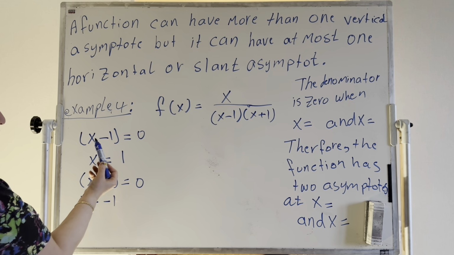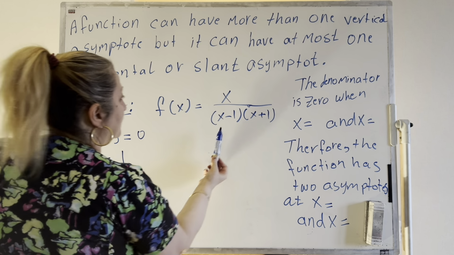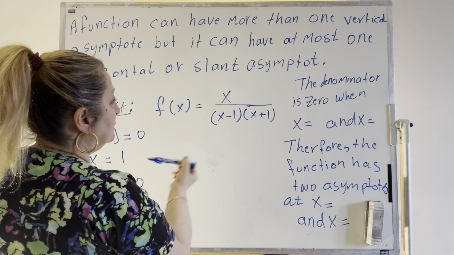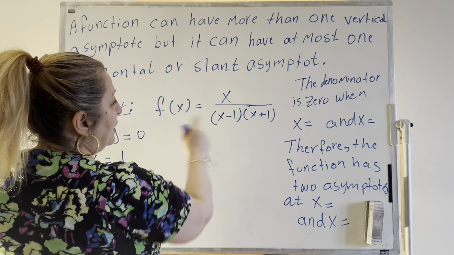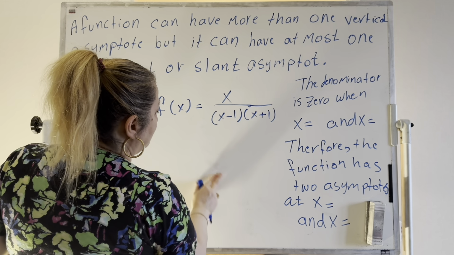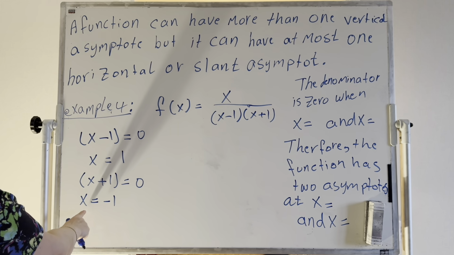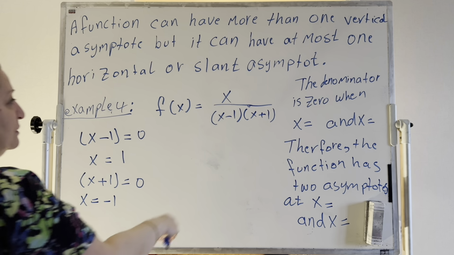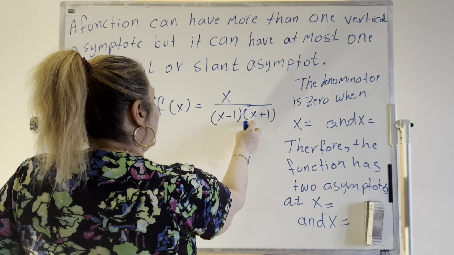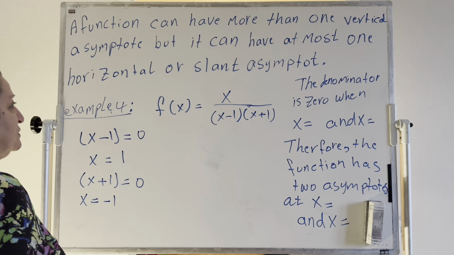But when I substitute 1 for x in this x minus 1, 1 minus 1 equals 0, and the whole denominator will be 0. The same if I replace x with minus 1 here, it will be minus 1 plus 1, which is 0, and the denominator will be 0.